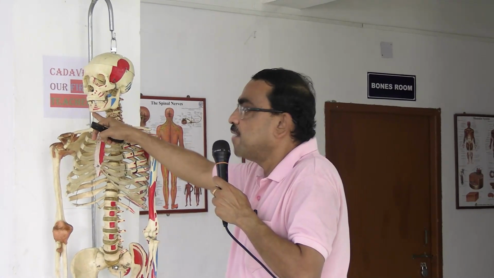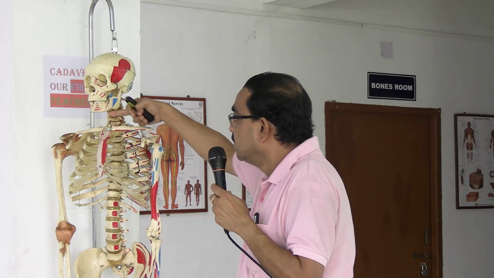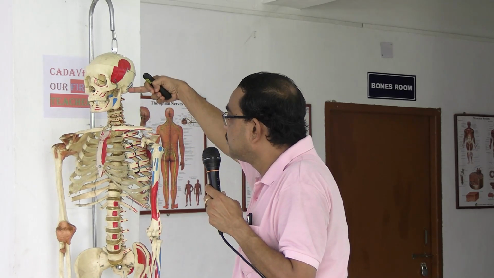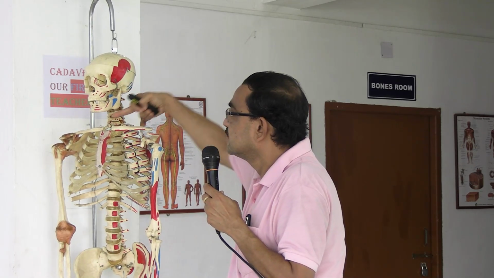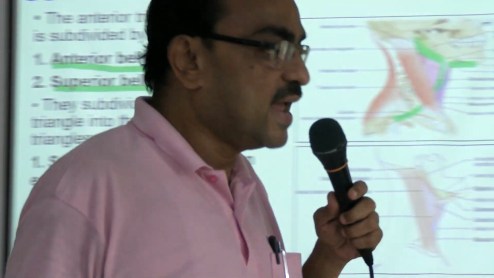And another muscle from the digastric fossa of the mandible goes up to the mastoid process of the temporal bone. That is called the digastric muscle.